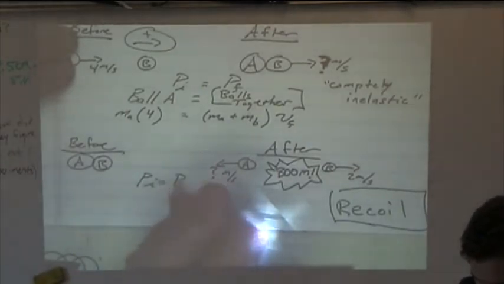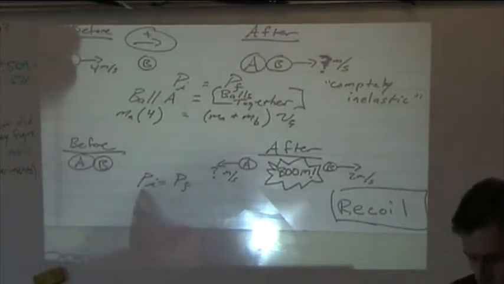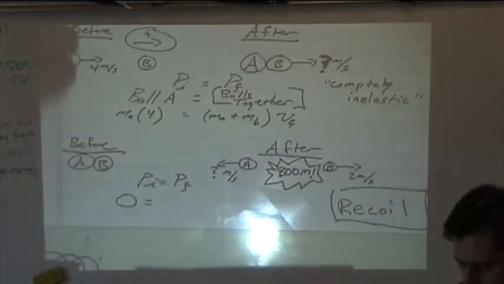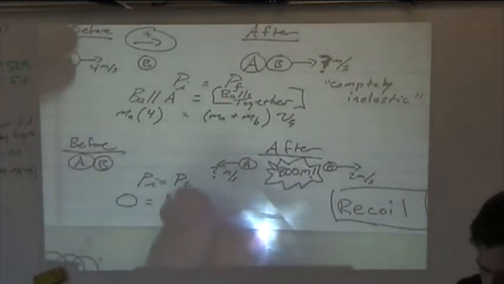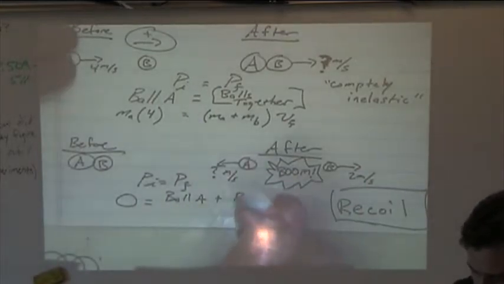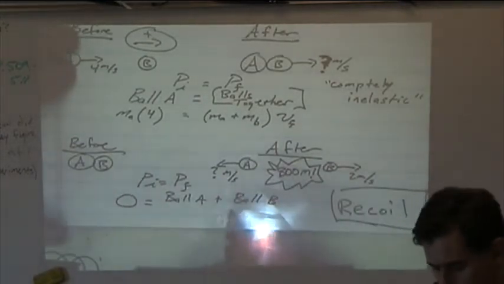And as we look at our before and afters, our initials and finals, we see that in the beginning, neither object has momentum. So this beginning term is 0. And so we'd have ball A plus ball B having momentum afterwards. Again, this is a plus sign here.